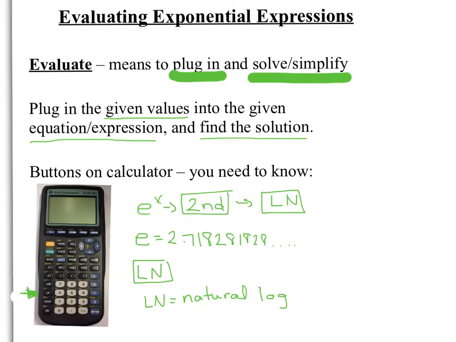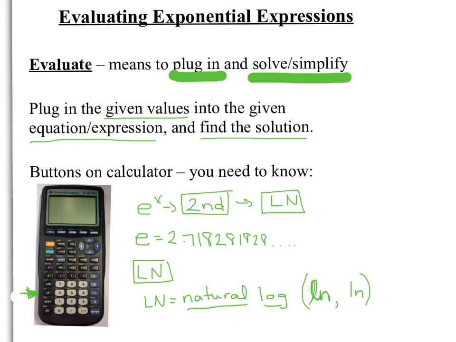And it's written on your papers in cursive with a lowercase l and then an n. You can write it with a capital L N, but it means the natural log. Why is the L in front of the N for the abbreviation? I don't know. But ln is the natural log, which is also next to the 4.